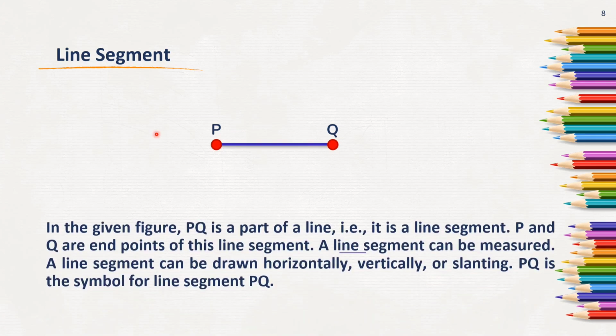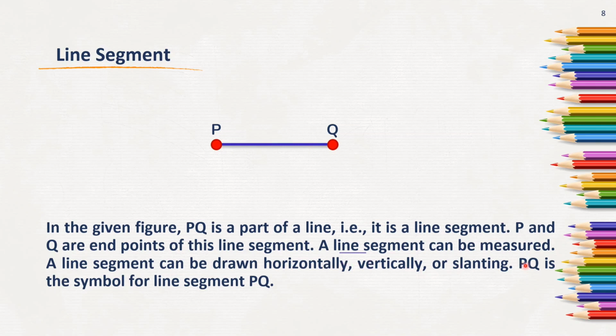Here in the given figure, PQ is a part of a line, that is, it is a line segment. P and Q are the endpoints of this line segment. A line segment can be measured. A line segment can be drawn horizontally, vertically or slanting.